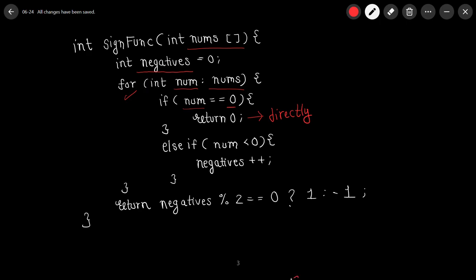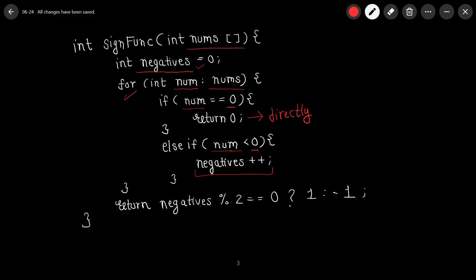Else, if our number is less than 0, that means it's a negative number, so we increase the value of negatives. This variable is just counting how many negative values we have in our array.